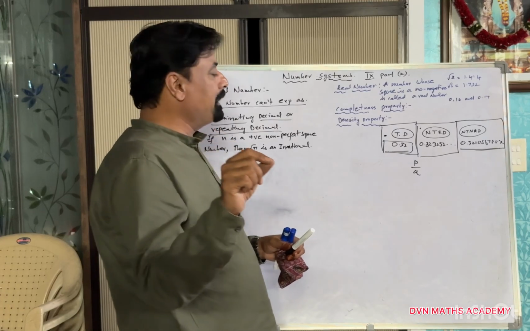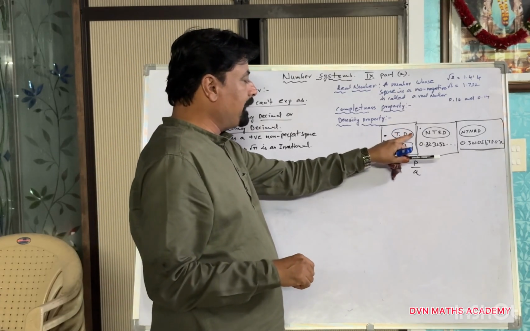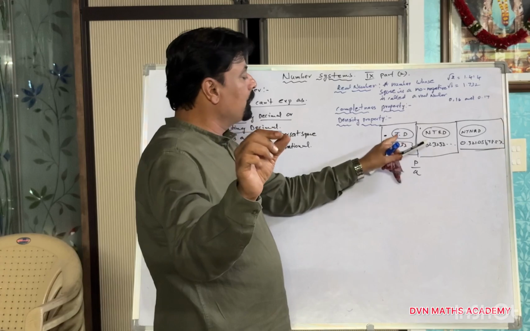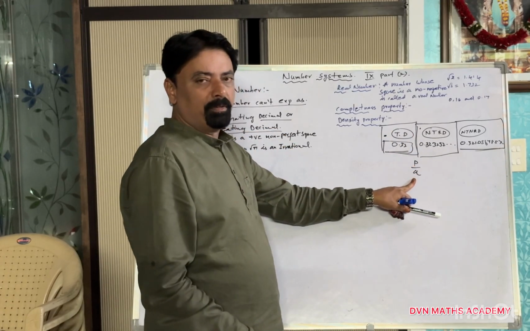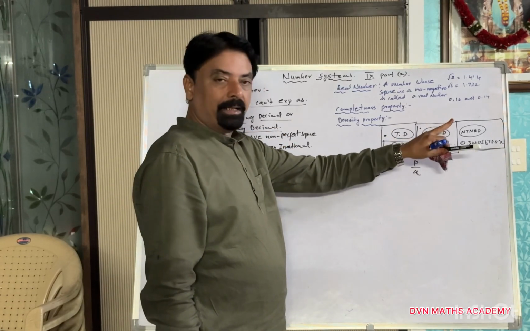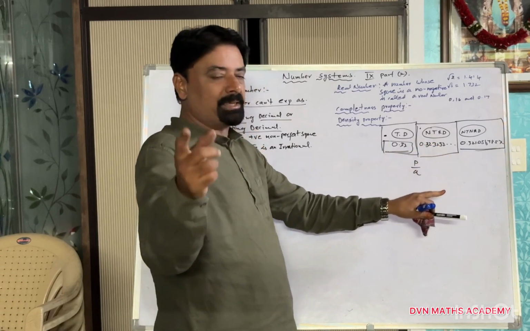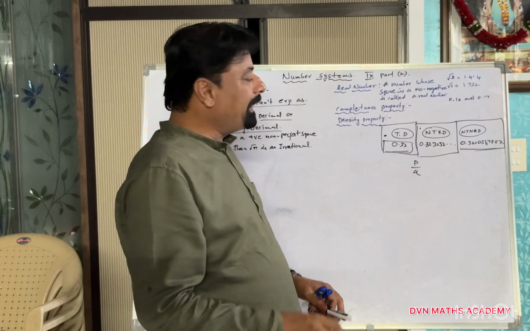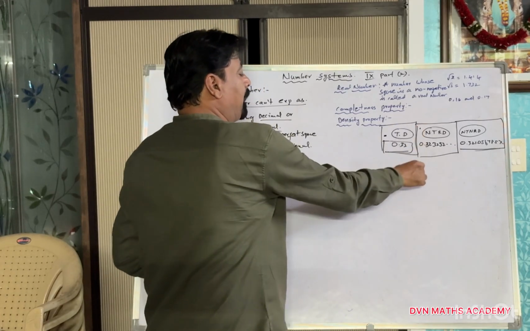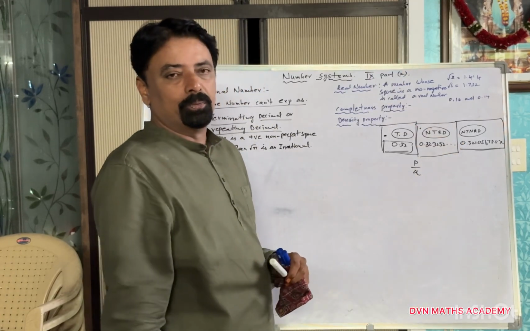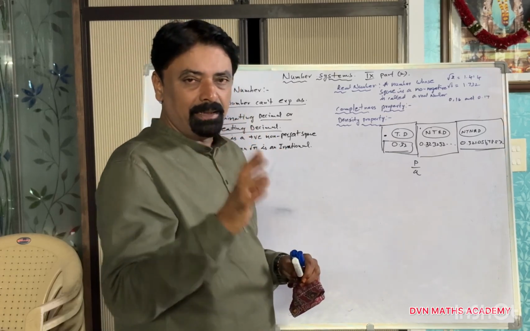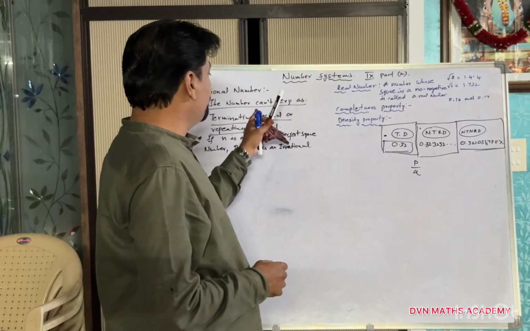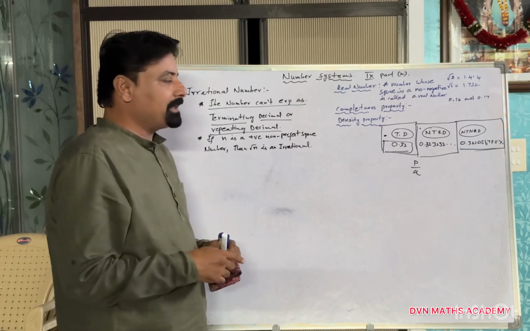What does this mean? If you represent a number as a terminating decimal, you can convert it in the form of p by q. If you write a number as a repeating decimal, you can also write it in the form of p by q. So a number we cannot represent in the form of p by q is called an irrational number. This is my first definition, but another definition is there.